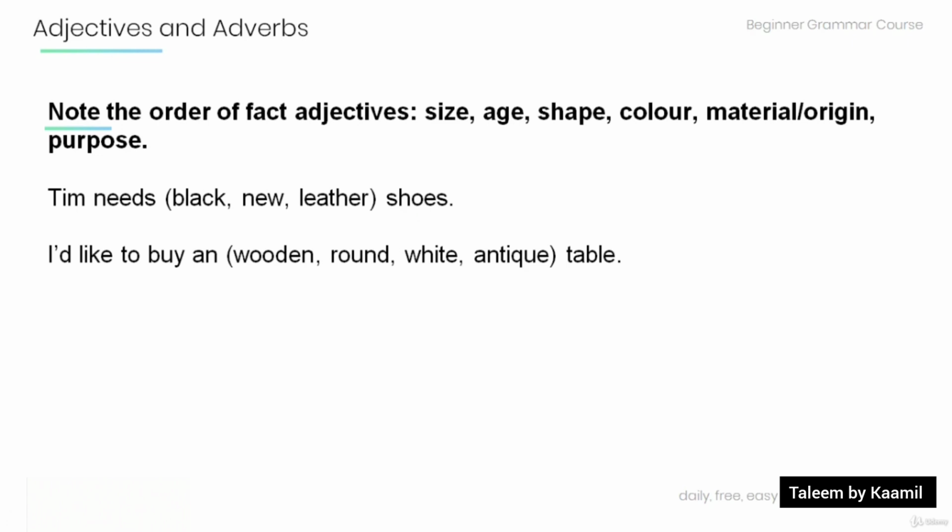Tim needs new black leather shoes. I'd like to buy an wooden, round, white, antique table. I'd like to buy an antique, round, white, wooden table.